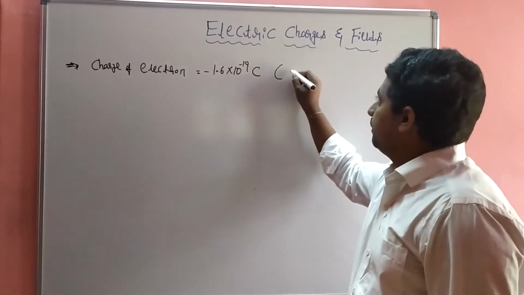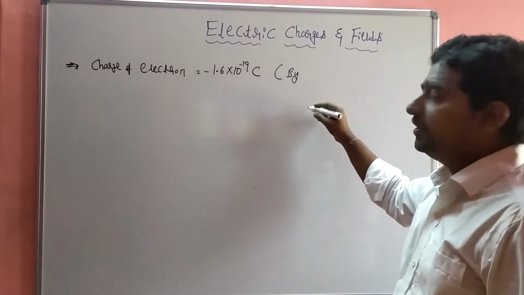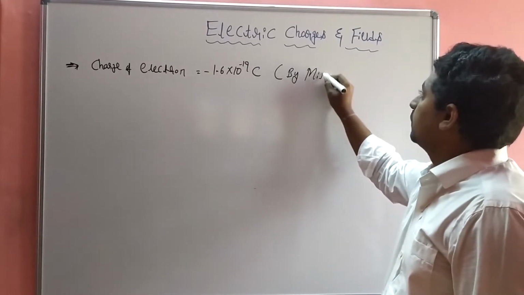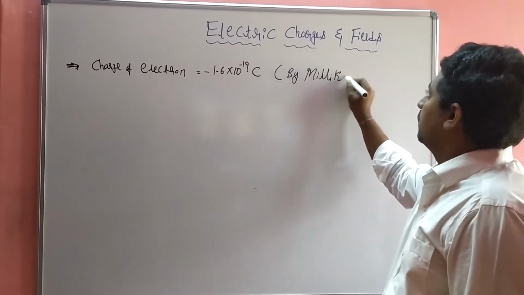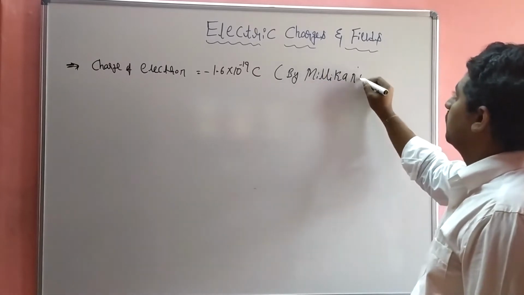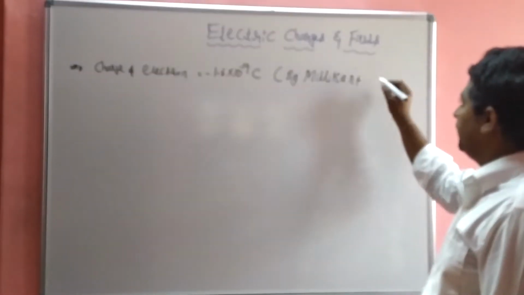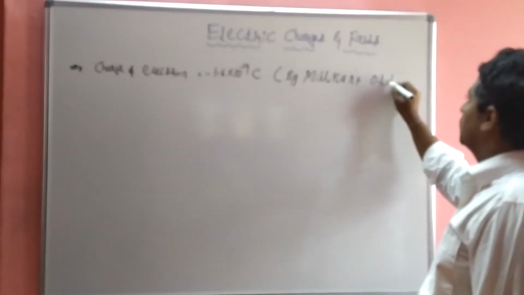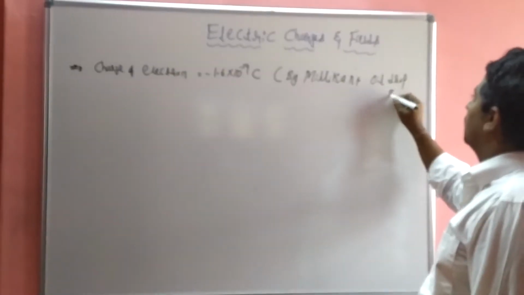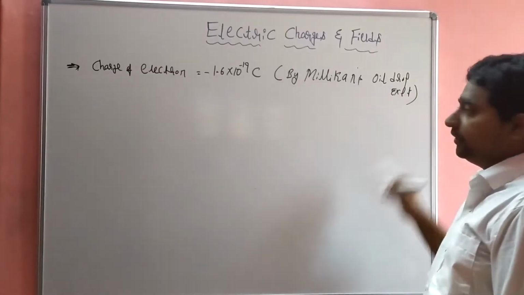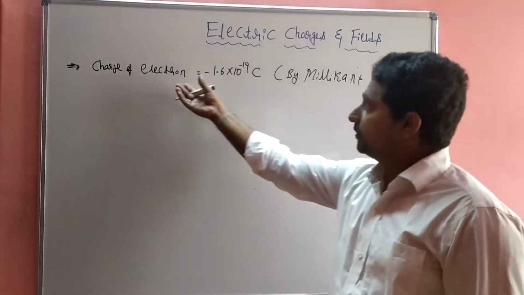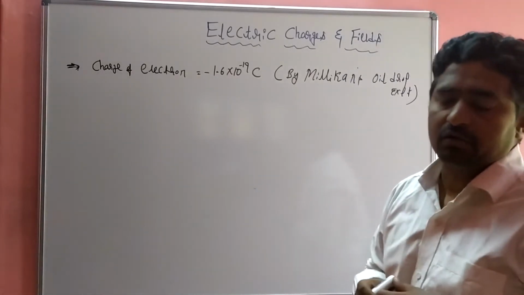That is Millikan's oil drop experiment. So this experiment provided the good information about the charge of electron.